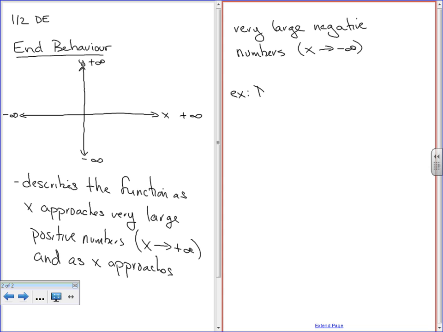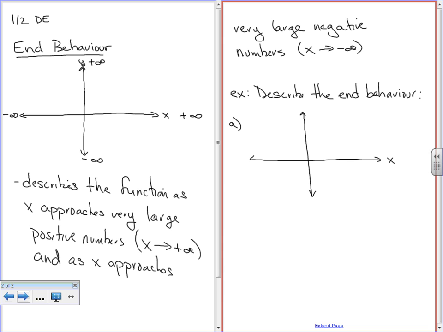So example, describe the end behavior. So here's my function.